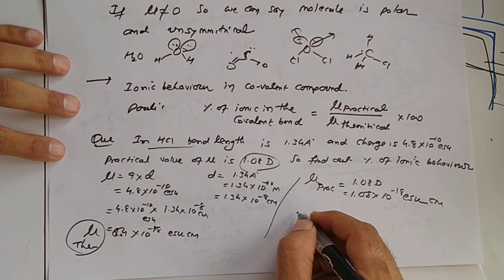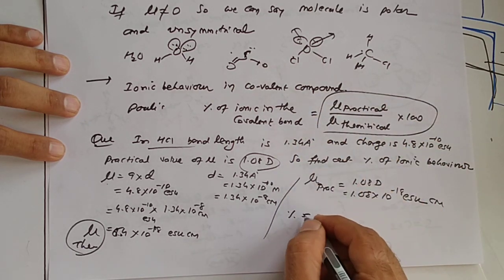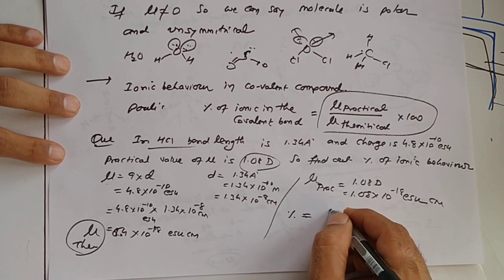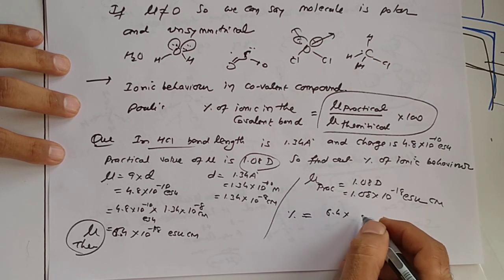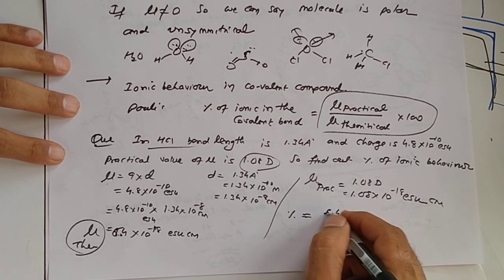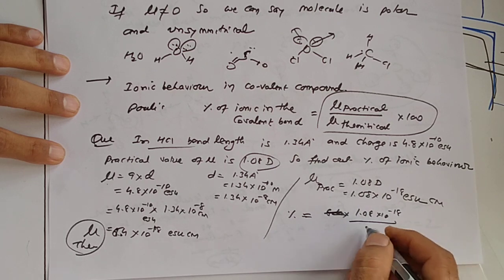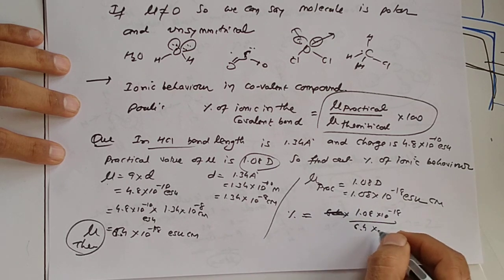So here for the percentage, we use this formula. Practical value is 1.08 into 10 raised to minus 18. Theoretical value 6.4 into 10 raised to minus 18.